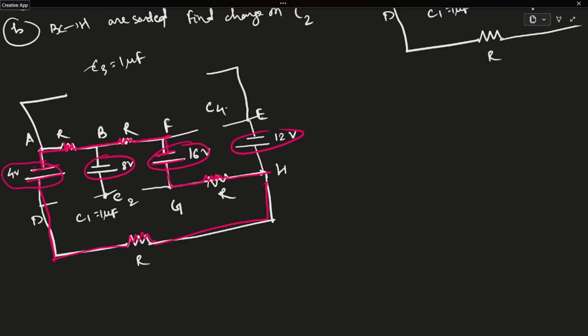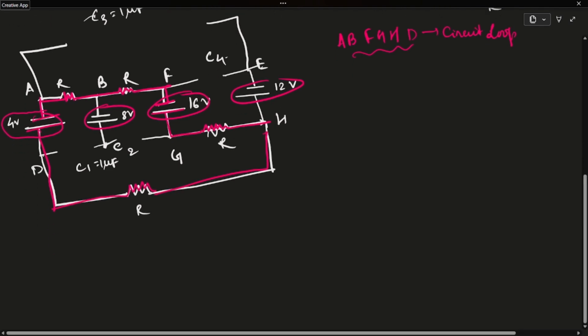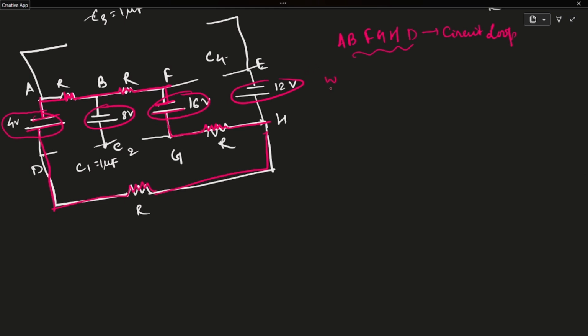A to B, B to F, F to G, G to H, H to D. This is our circuit loop. So let's find the current because we have to find the energy stored.